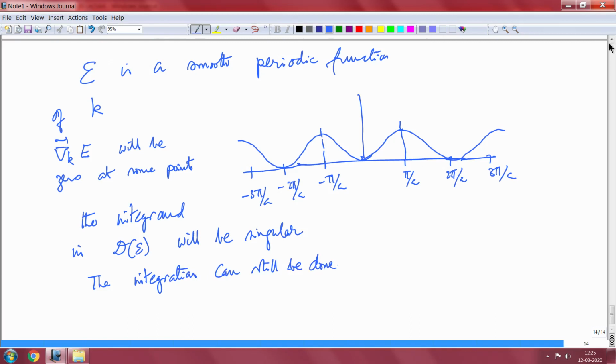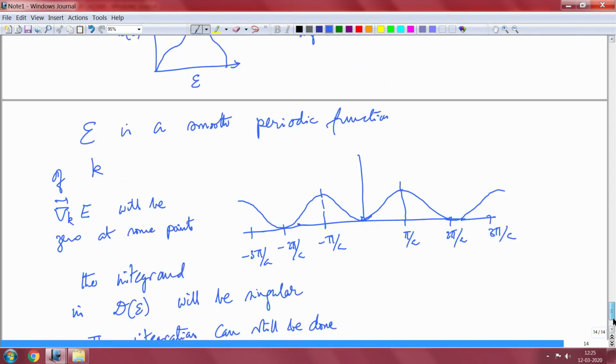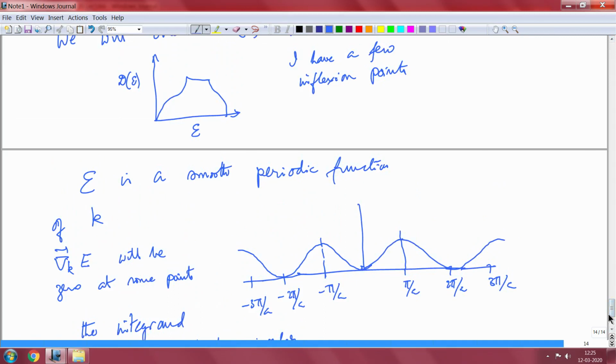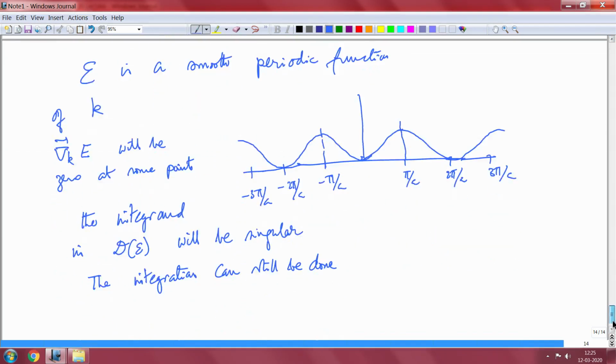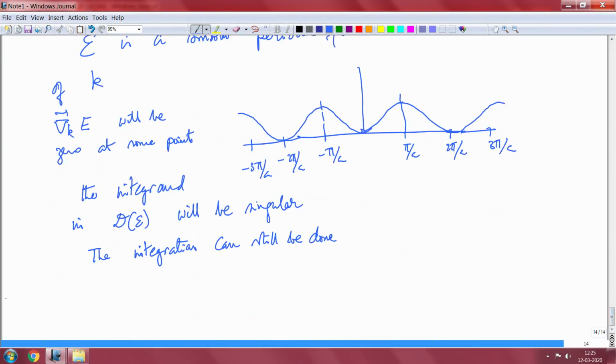The blowing up of the integrand is reflected as a singularity in the d of E versus E curve, and this singularity has a particular name. But d of E will have a singularity, which means you cannot differentiate d of E at that point in the energy space. So, these singularities are called Van Hove singularities.